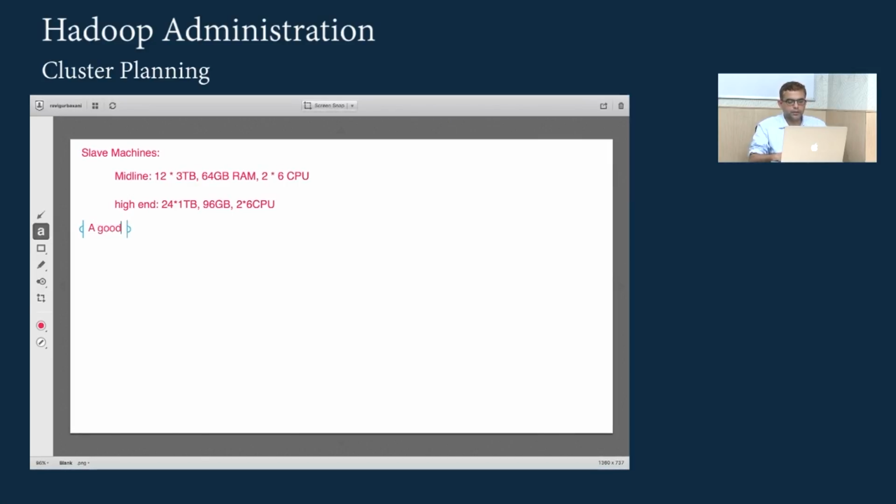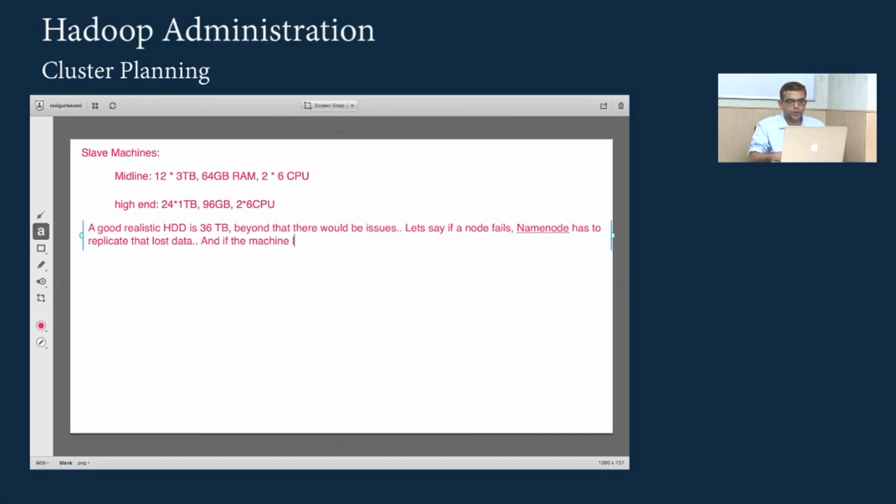Well, a good realistic hard disk capacity is 36 terabyte. Beyond that, there would be issues. Let's say a node fails, the name node has to replicate that lost data.